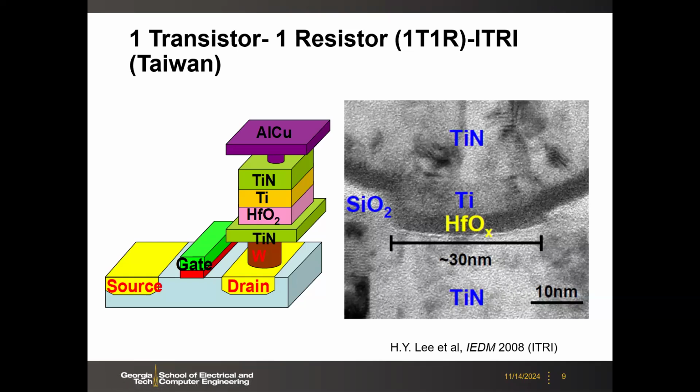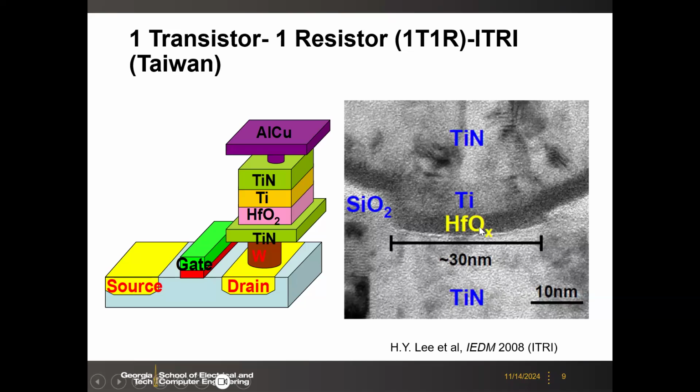Let's put it this way. Anyway, this was the very first demonstration. You see the stack here: titanium nitride is an electrode material. It's conductive, like a metal, maybe a little bit higher resistivity than metal, but it's quite conductive. So this is widely used as an electrode.